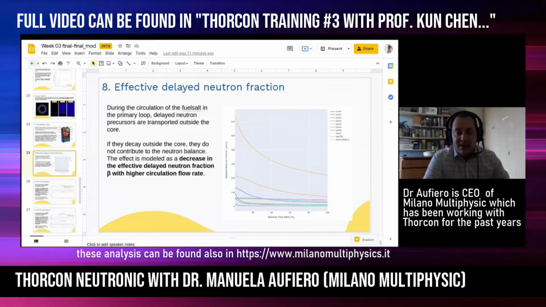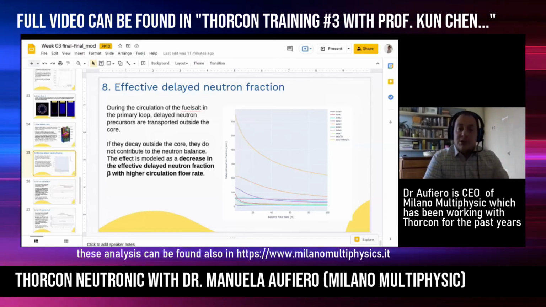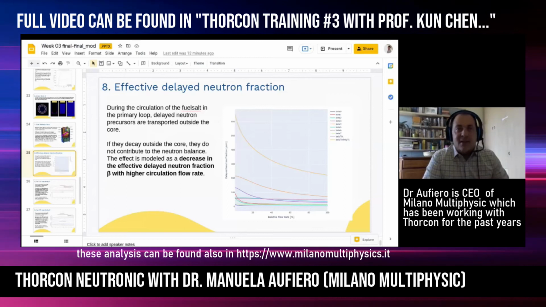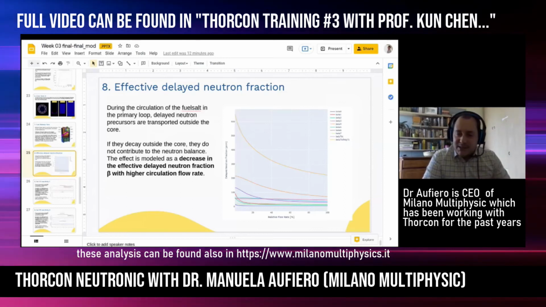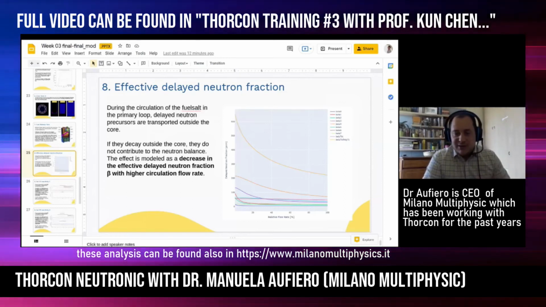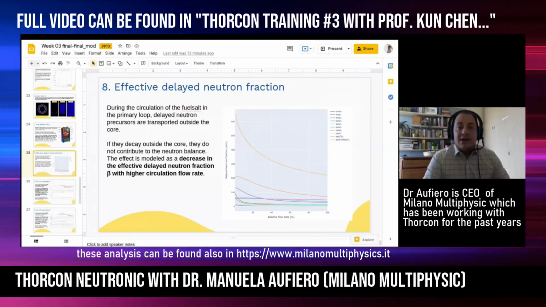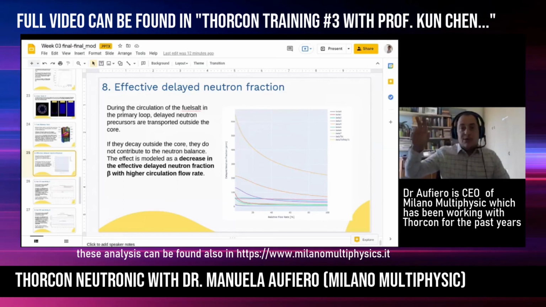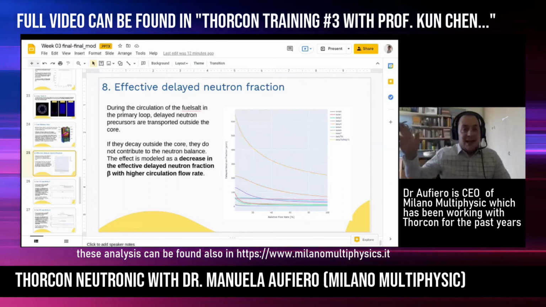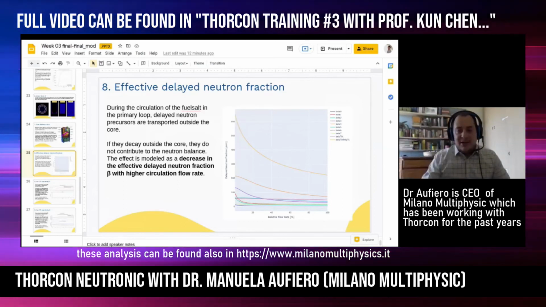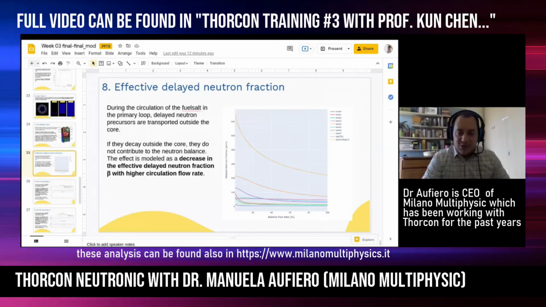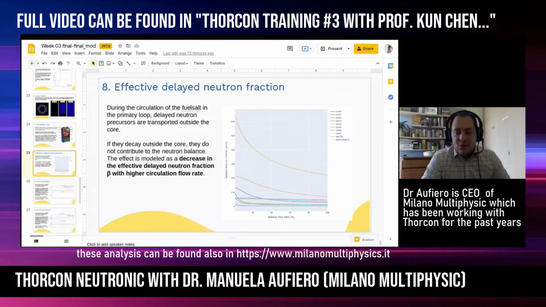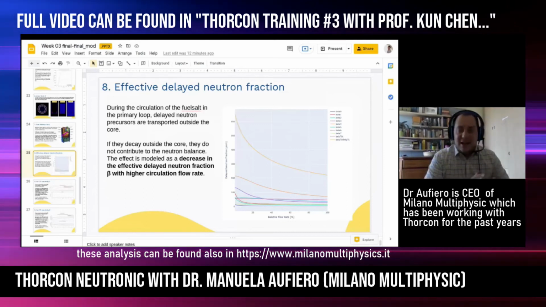And effectively, if we stop the circulation, either voluntarily or by accident, around 300 ppm of reactivity, or slightly above that number, are introduced due to the fact that the delayed neutron precursors that used to decay in the primary heat exchanger or in the piping, or even in the periphery of the core, are now decaying inside of the core.